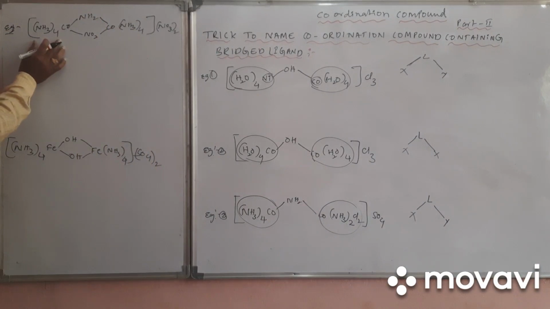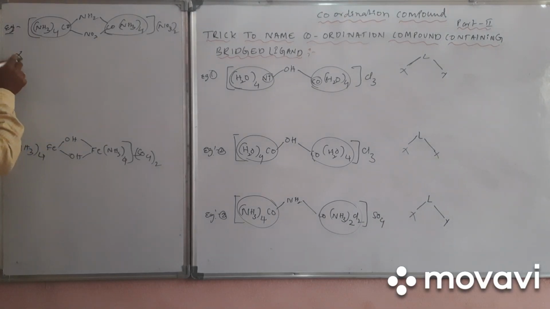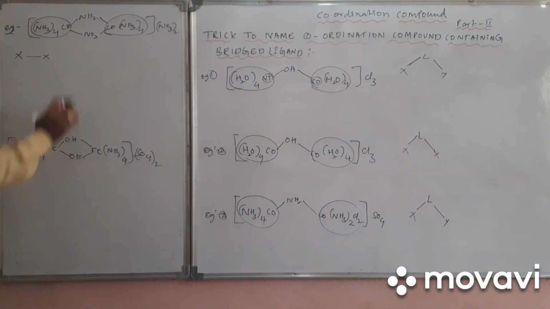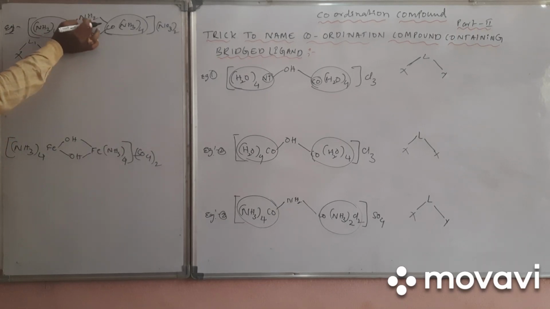In this example also it is the same as this one, that's why we are using X. This is also X. To find out, this ligand is L1, this is L2. Why are we using L2? It is different from this one.